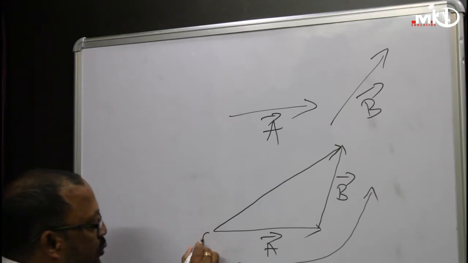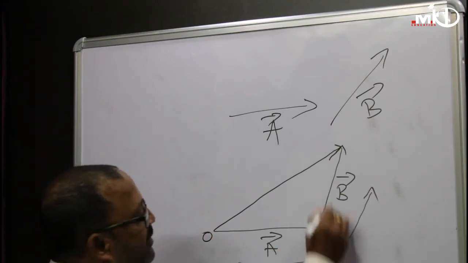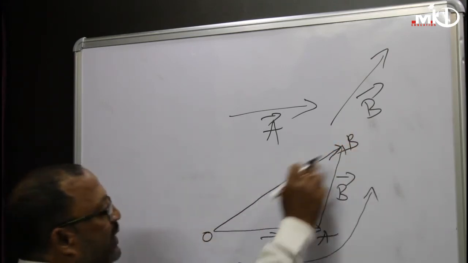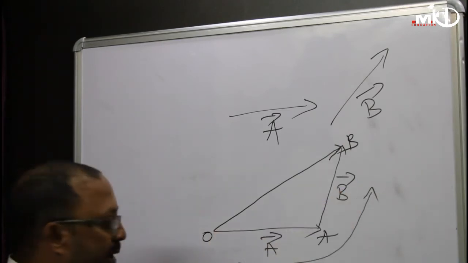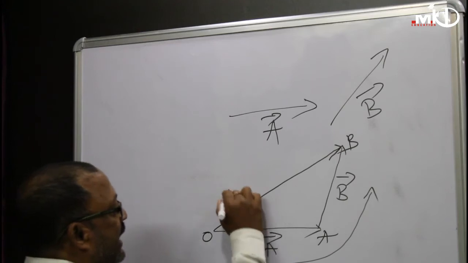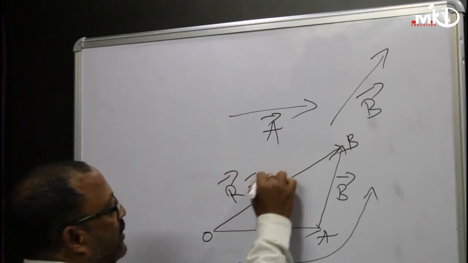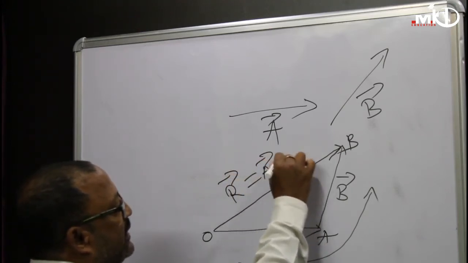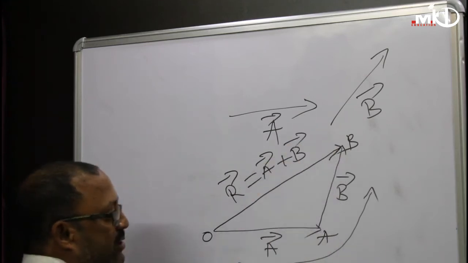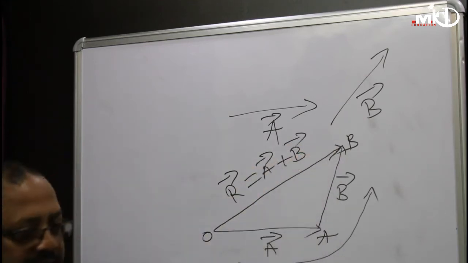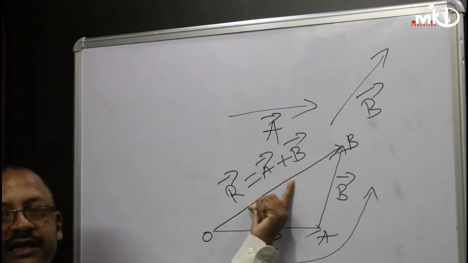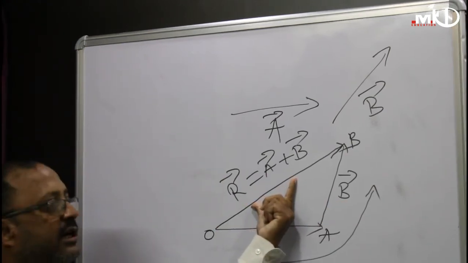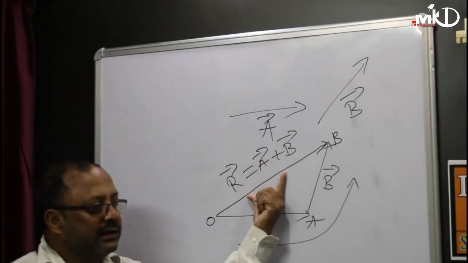So this is O, this is A, this is B. OB represents the resultant of these two vectors A and B. Therefore the resultant R is equal to A vector plus B vector. It is a geometrical representation. OB geometrically represents the sum of these two vectors. That is called the resultant of the two vectors.